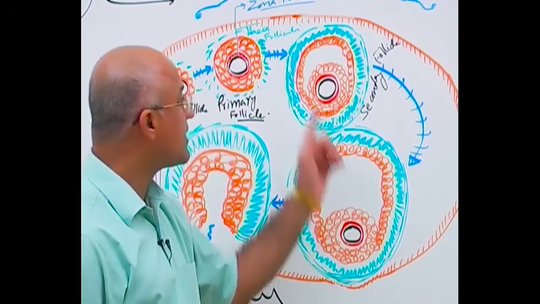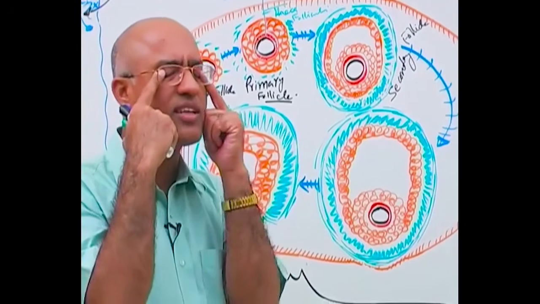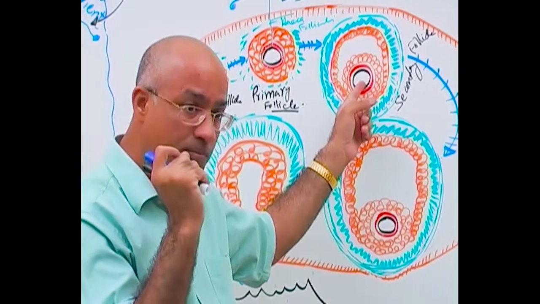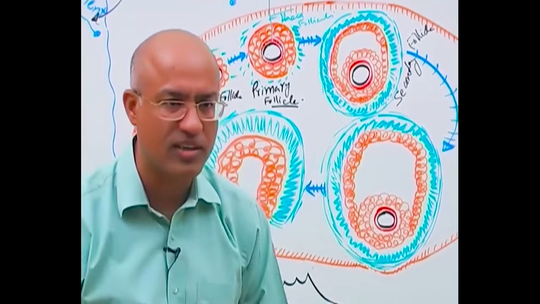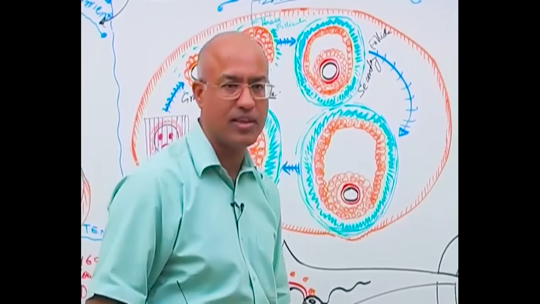Now, this oocyte will wake up like a sleeping beauty. It was arrested in a sleeping phase. The primary oocyte will come out of its arrested stage, and now it will progress to complete its first meiotic division.